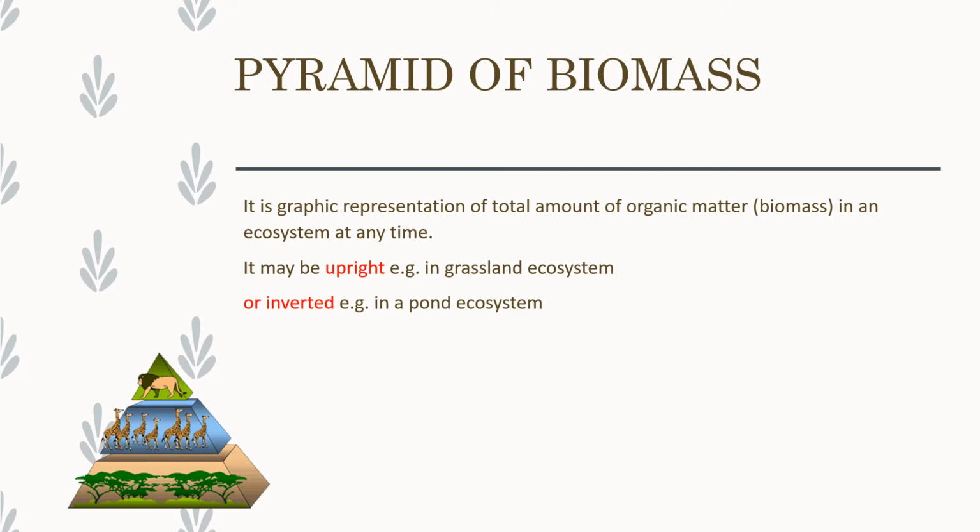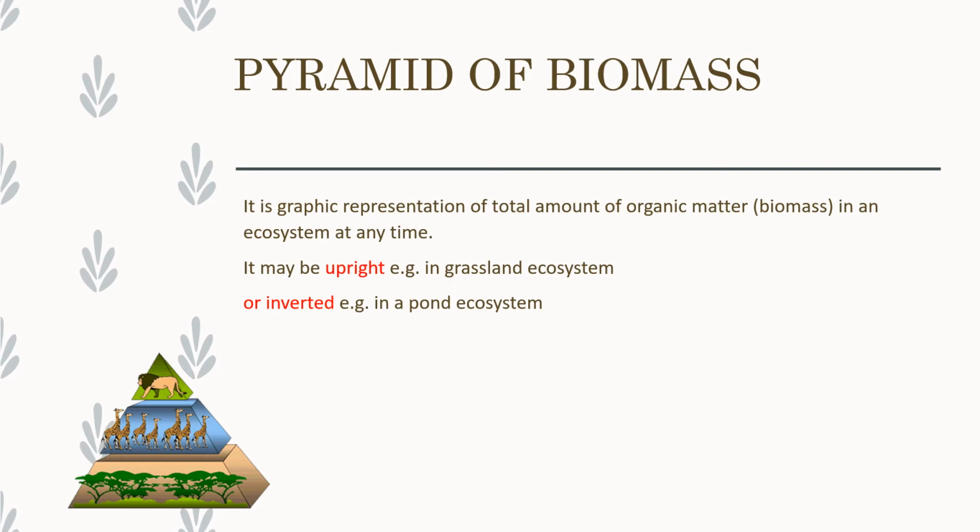When it is upright, the organic matter is decreasing. You can see in the pyramid the organic matter of producers is more, then less in the second trophic level, that is herbivores, and at the topmost level it is also very little. Again, in the upright pyramid organic matter is decreasing.